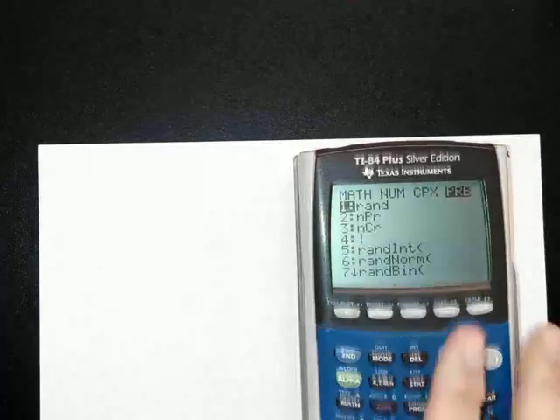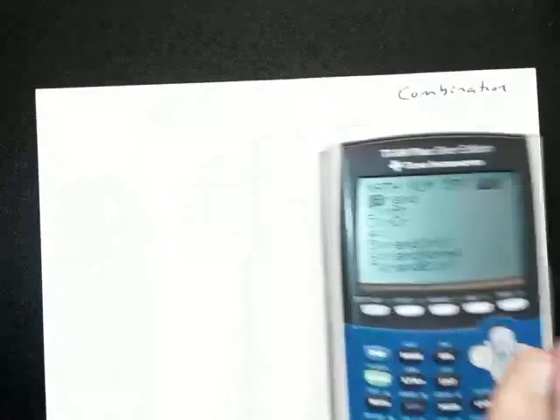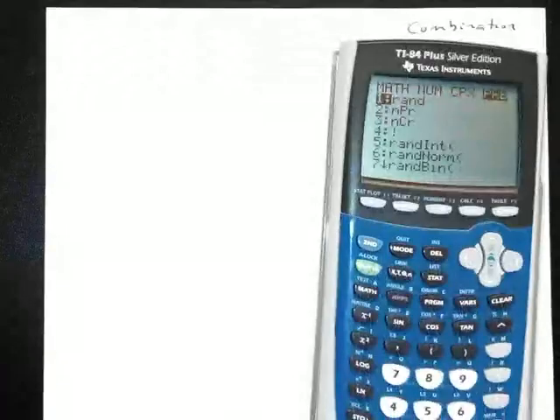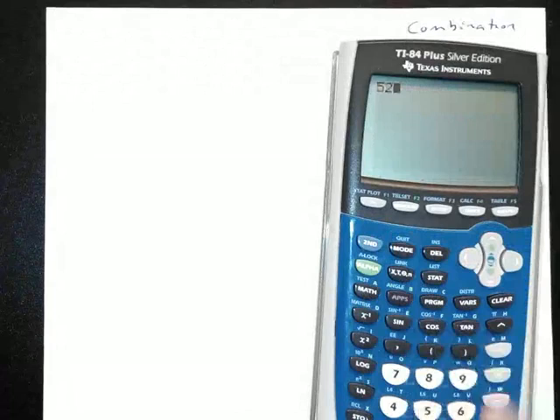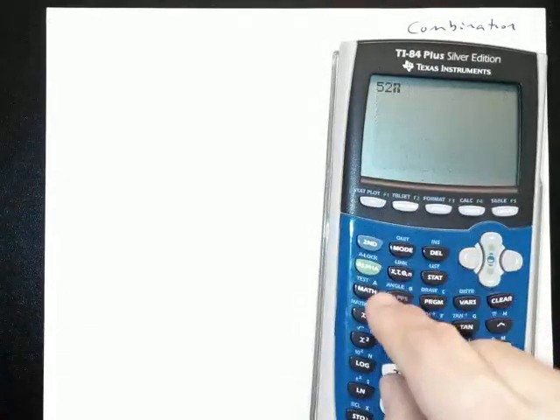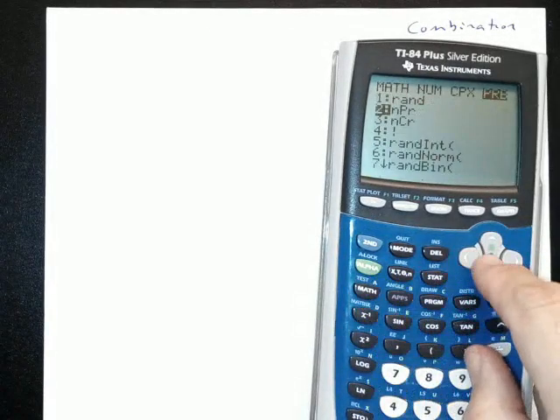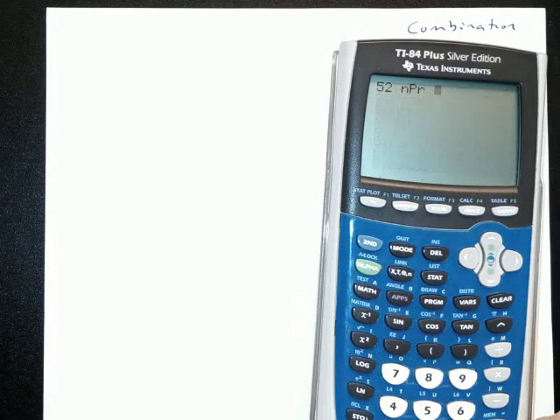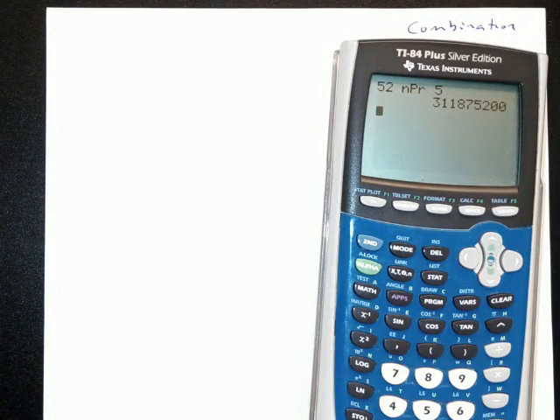Let's talk about our deck of cards for a moment. There were 52 cards, and we got 5 of them, right? 52, math, probability. I will hit the right button, math. Permutation. If I care about the order, there are this many ways to get 5 cards.